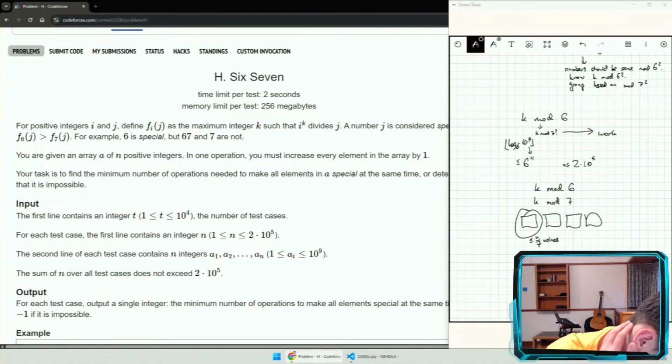So in here if there was an empty group, then I just had an answer for any k that is this modulo 6 and this modulo 7.